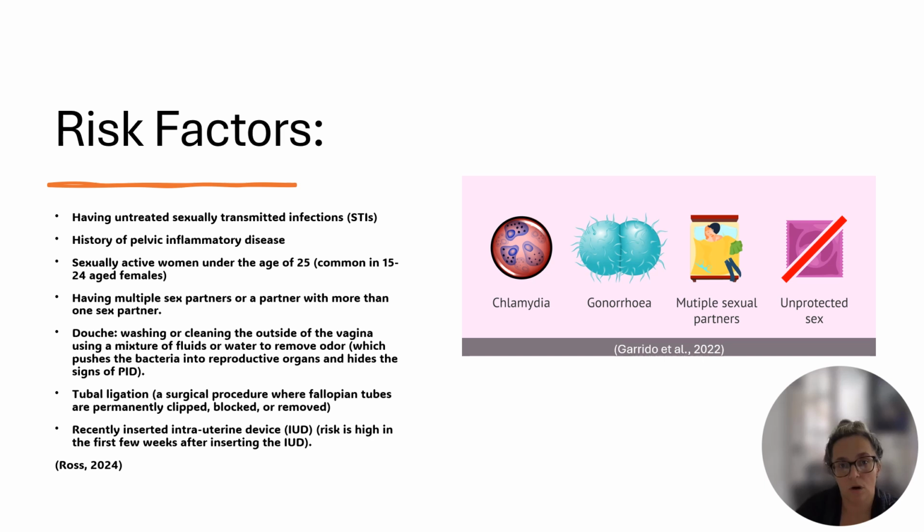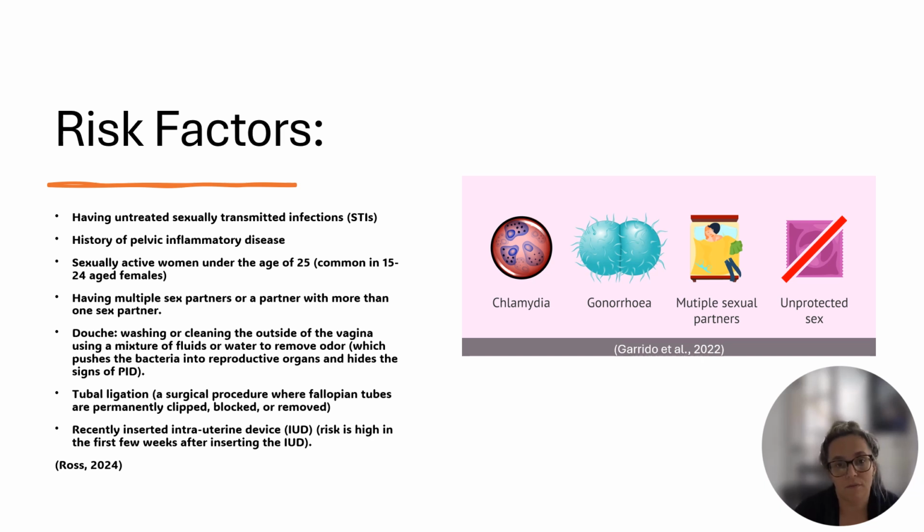Unprotected sexual intercourse, intercourse with a symptomatic or asymptomatic partner, because being asymptomatic can still lead to transmission of the STI. Young age of onset of sexual activity, younger than 15, and also a history of STIs or a history of PID also increases the risk for reinfection.